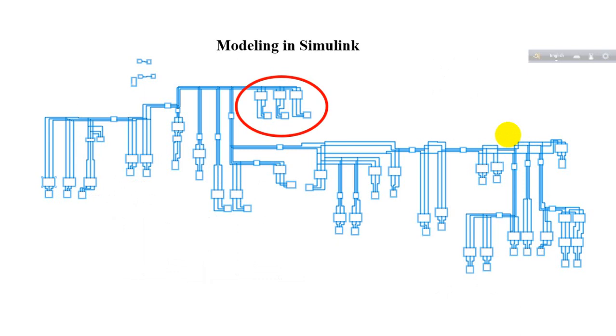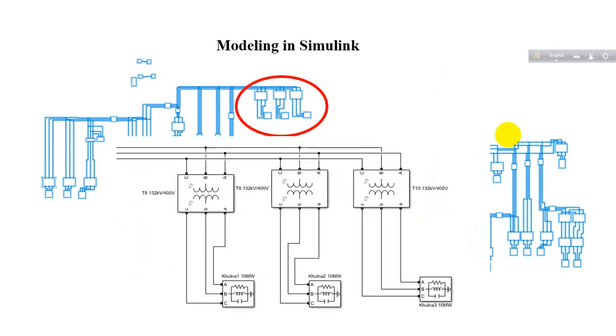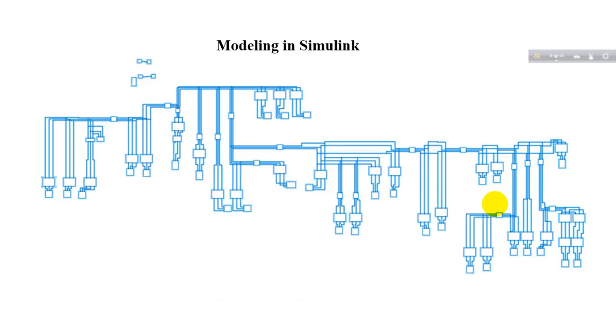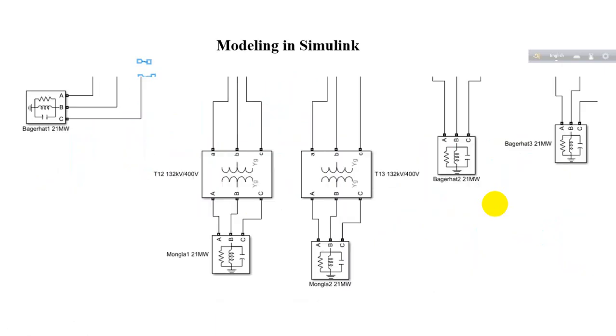Next, here we can see Khulna main municipality. We have distributed this portion. After that, this portion contains the area of Mongla and Bagherhat.